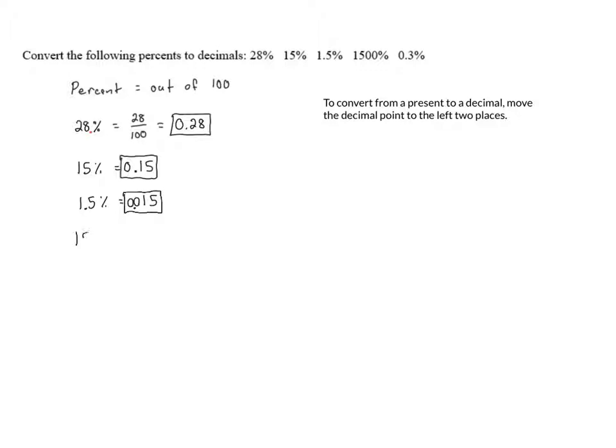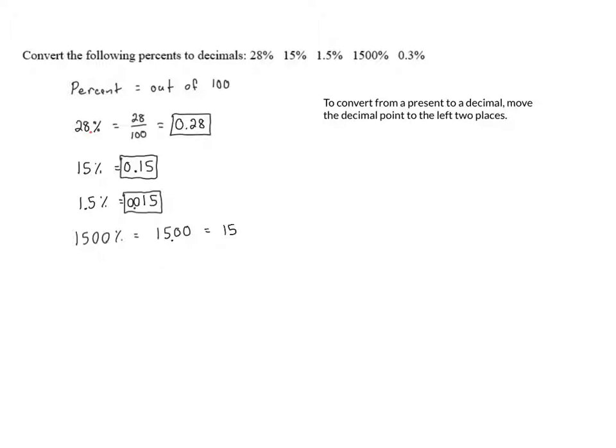Now, for 1500%, this is a bigger percent, so we're going to get a bigger number. The decimal point starts off after that last 0, and we need to move it to the left 2 places. When we do that, it goes between the 5 and the 0, so we get 15.00. But that's the same as just 15, because any zeros after the decimal point are irrelevant.